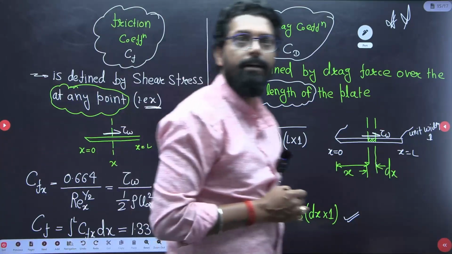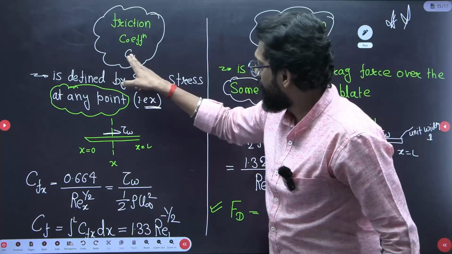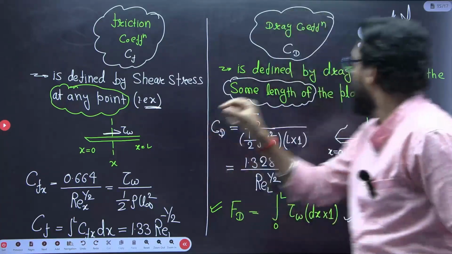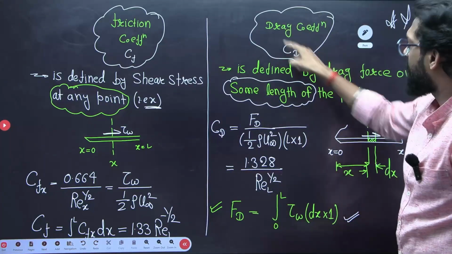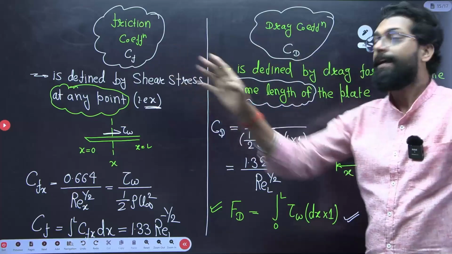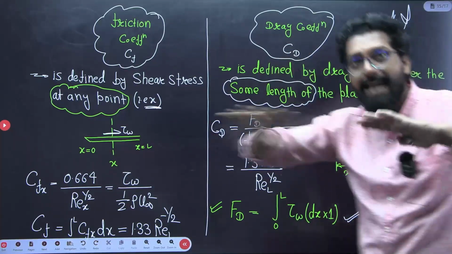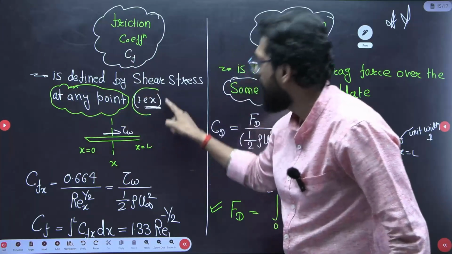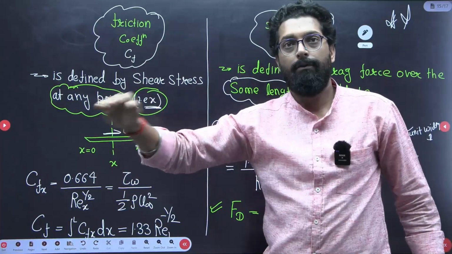This is very important. That means this CFX you can find locally, but the drag coefficient you cannot find locally. It is always found over the entire plate, but CFX can be found at any point of the plate. Very important.